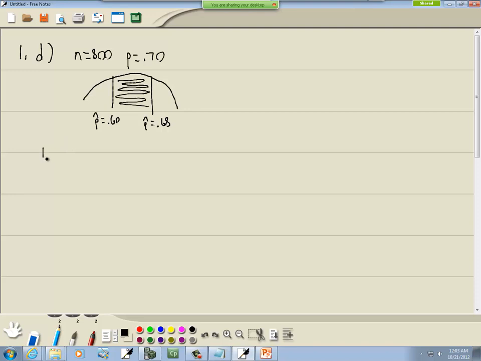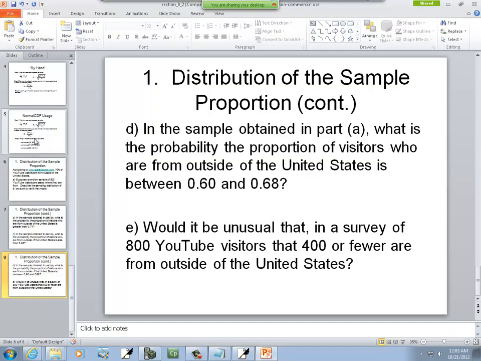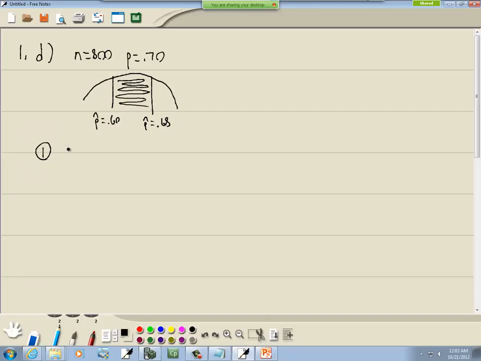Okay, so step 1. Find mu sub p hat. So mu sub p hat is equal to p, which again is the 0.70.